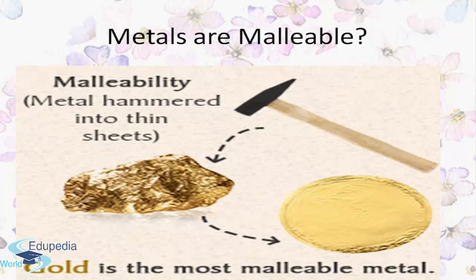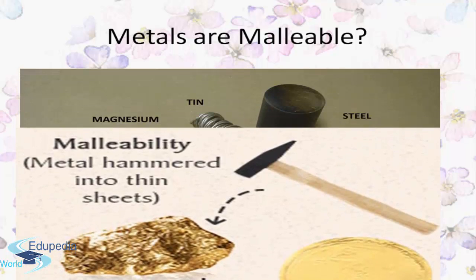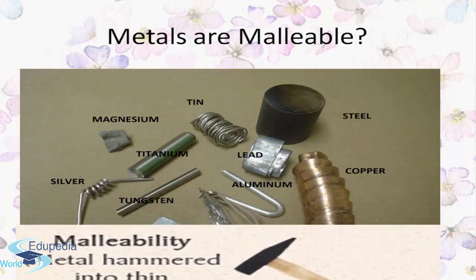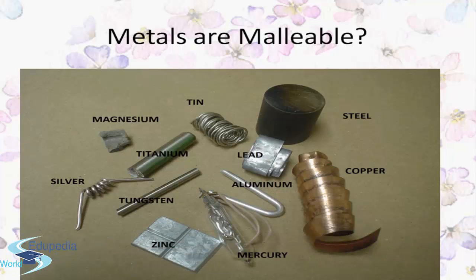A force can be a blow of a hammer, the impact from a fall, high pressure from being squeezed, or a collision. Here are some metal examples which can be converted into thin sheets: silver, tungsten, zinc, mercury, aluminum, lead, tin, steel, and copper.